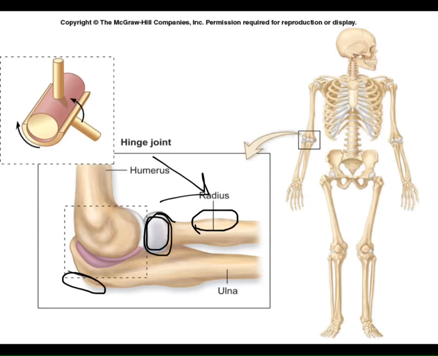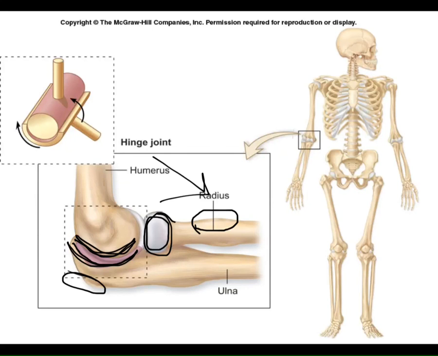The ulna has that letter U in it. That letter U is called the trochlear notch. And the trochlear notch of the ulna fits into that pulley-like structure called the trochlea of the humerus.